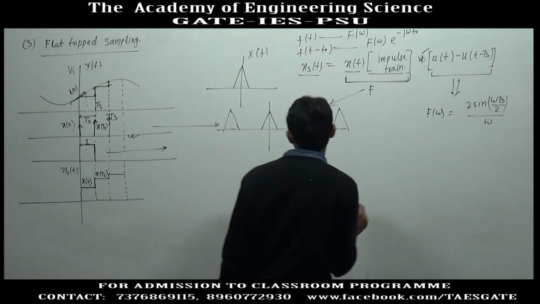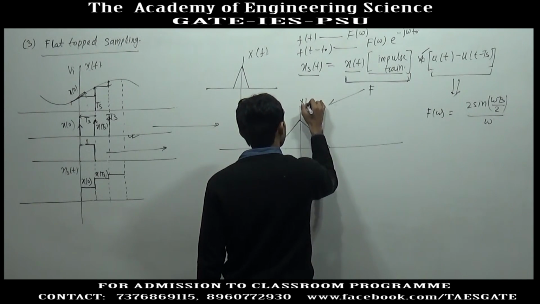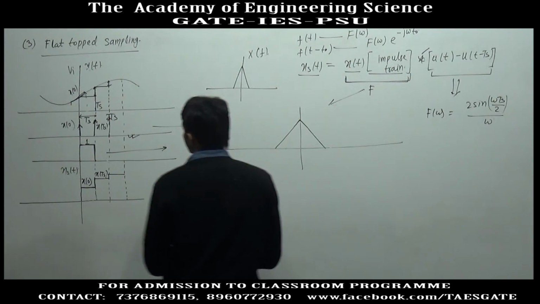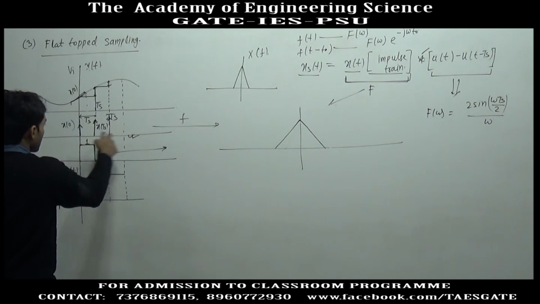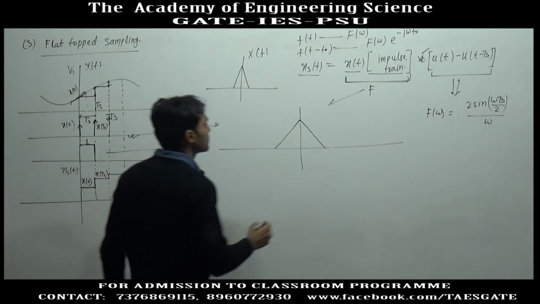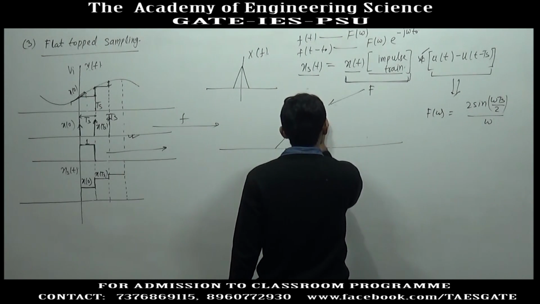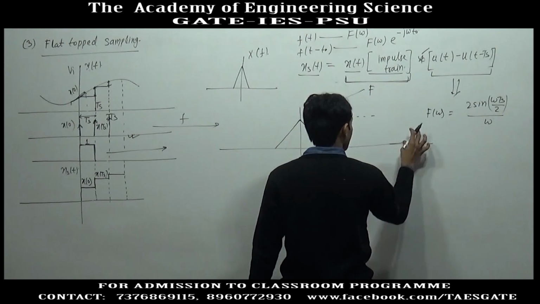If you plot the graph for this, we will get, suppose this is X(omega), the frequency transform of the modified impulse train, which is modified by x(t). So, the Fourier transform will be the Fourier transform of the ideally sampled signal.